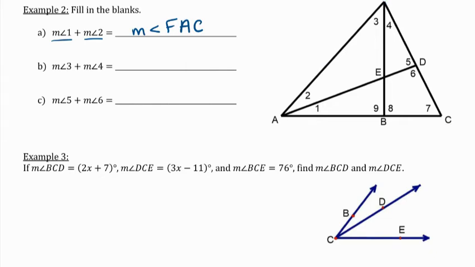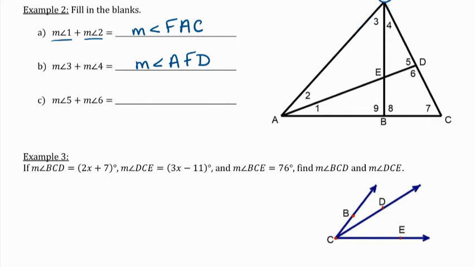All right, let's try angle 3 is here and angle 4 is there. When we add those two together, we've got a vertex of F, and then we're going off this way and going off this way. So when I add those two measures together, I would get the measure of angle AFD or CFA, DFA, AFC. Any of those work.